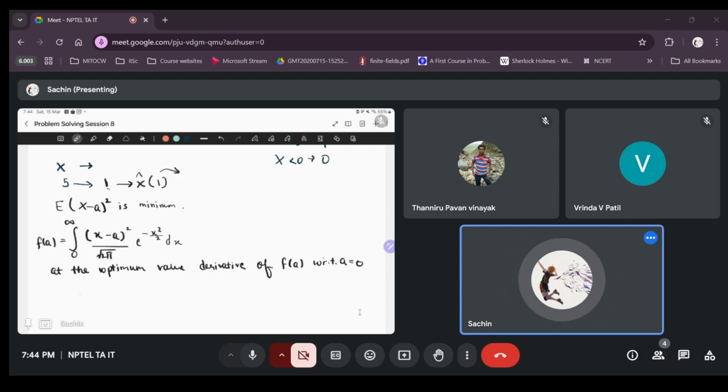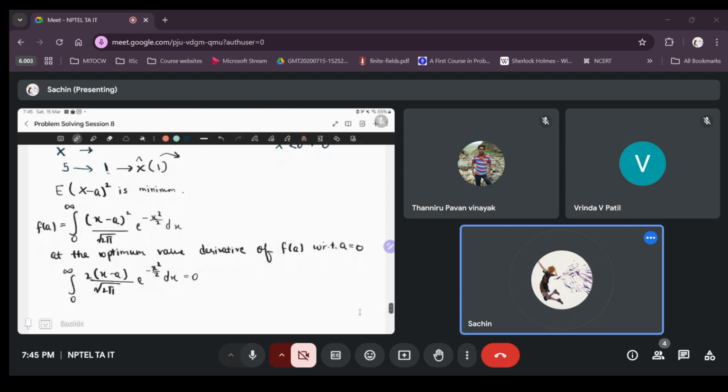The derivative is with respect to a because that is the parameter which we are changing to maximize or minimize this function. So the derivative with respect to a is 2 into x minus a divided by square root of 2 pi, e power minus x square over 2 dx. You set this to 0.